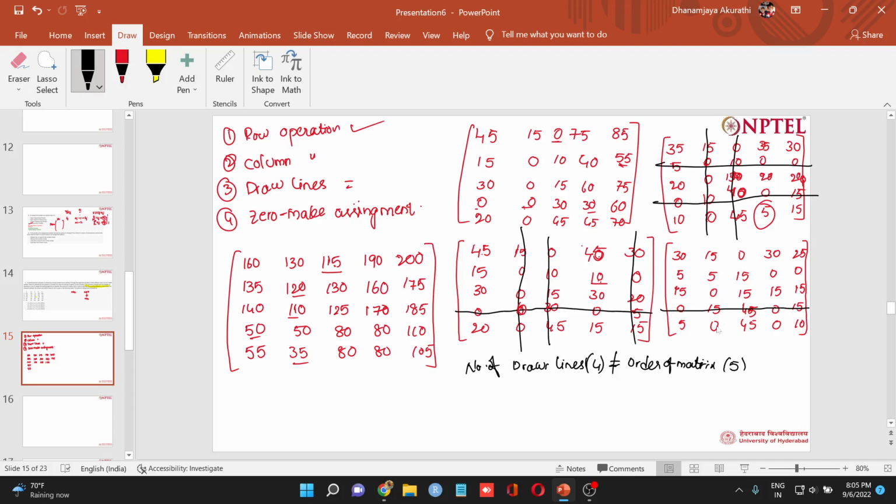First I had chosen that, and here two zeros, and these are two zeros, and here is 1 zero and 1 zero. So how many lines did I get? 5 lines, right? So here you can identify the number of rows is equal to the number of columns. So our desired matrix is ready.